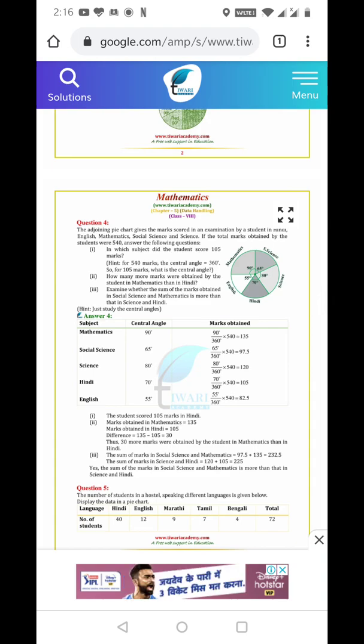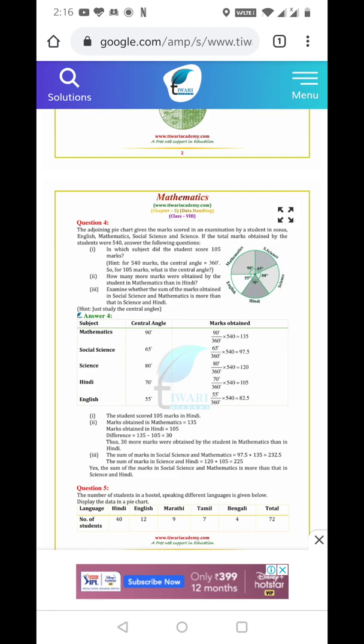Now look at question number 4. You can read the question. It is given that the pie chart is in terms of marks in mathematics and other subjects.